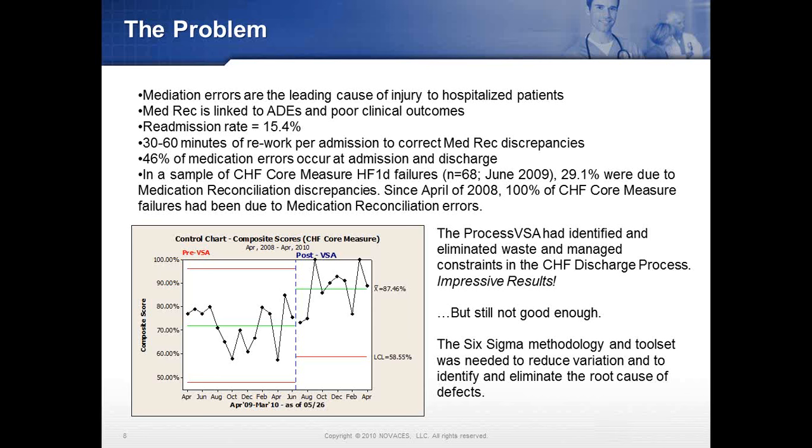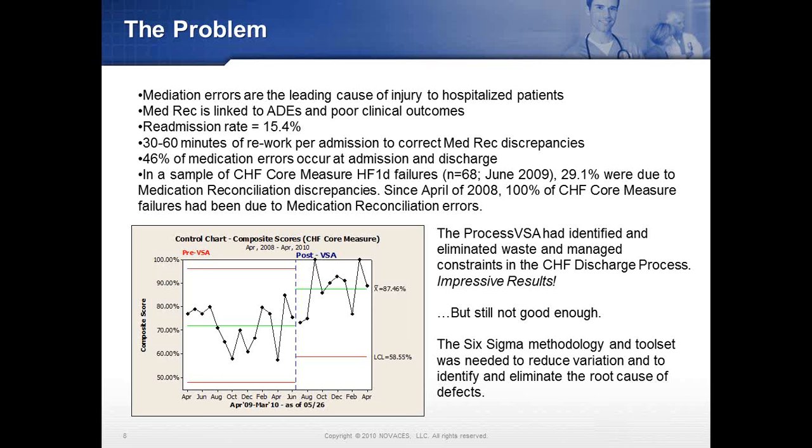We knew that because we had done the VSA and we could extrapolate, or we thought we could extrapolate, the data from the heart failure VSA, at least in part, to get us started on the MedRec DMAIC. 46% of medication errors occur either at admission or discharge, and that's from the literature. We knew that going in because we looked at the literature. So we knew that admission and discharges were going to be critical places for us to focus. And as it turned out, that was exactly where the problems were.